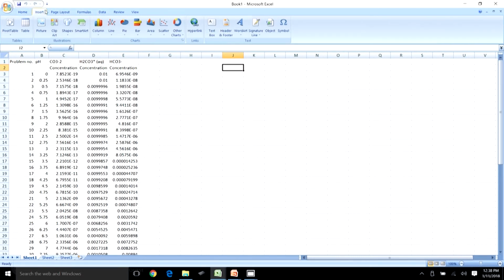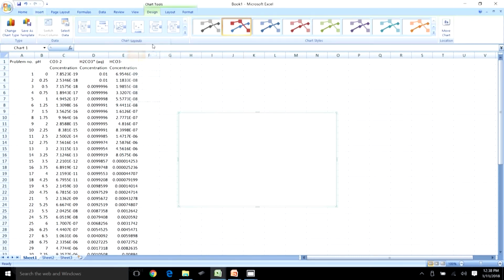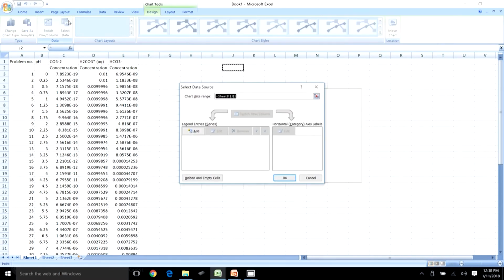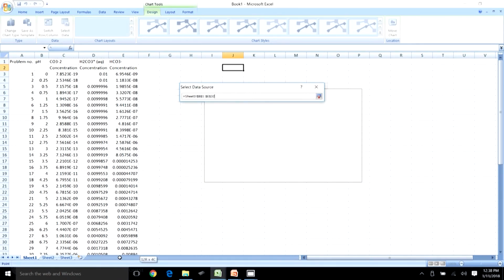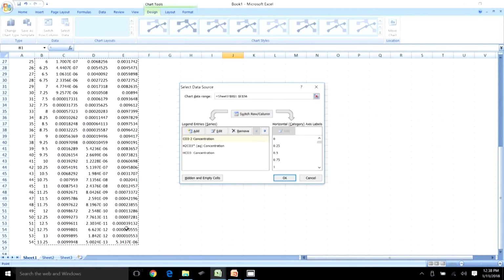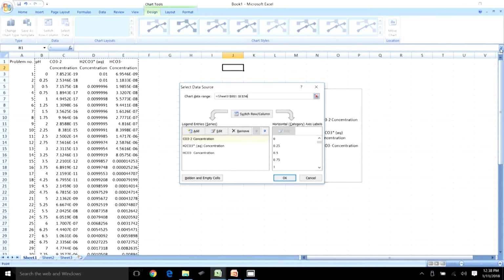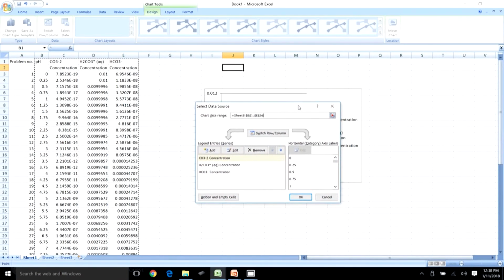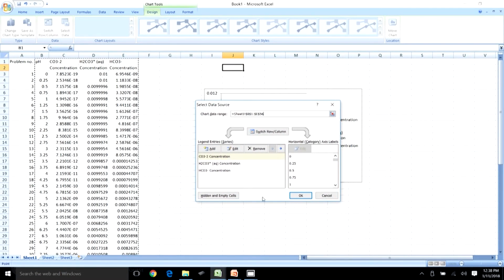I am going to look at a scatter plot for now, and select data, and the chart range is going to be this particular set here, with CO3 2 minus, H2CO3 and so on.